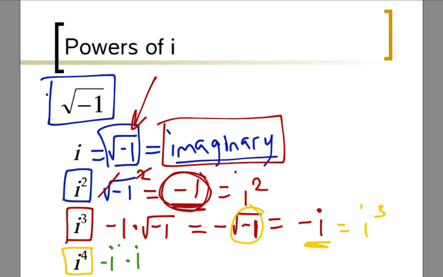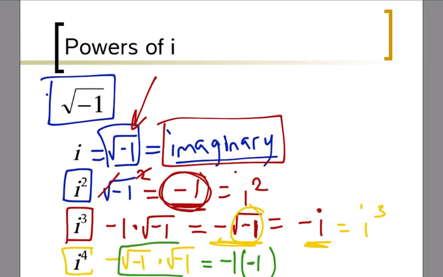So what that looks like is we take our negative square root of negative 1, which is negative i to the third, and we multiply it by a square root of negative 1, in other words, another i. That gives us negative 1 times positive 1, because this is really just an i squared, so we have negative i squared, which turns out to be a positive 1.